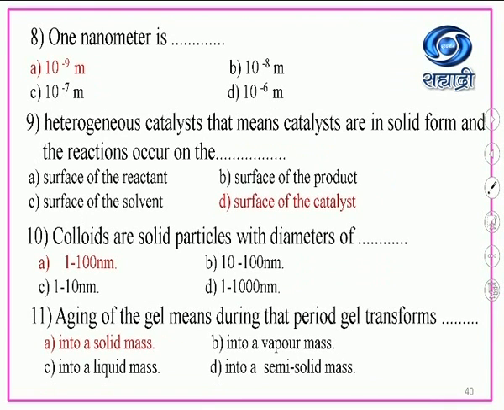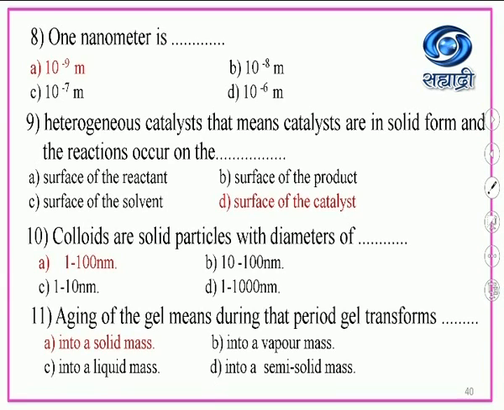1 nanometer is 10 raised to minus 9 meter, 10 raised to minus 8 meter, 10 raised to minus 7 meter, 10 raised to minus 6 meter. Okay. So the correct answer is 10 raised to minus 9 meter. Heterogeneous catalyst means catalysts are in solid form and the reactions occur on the, 4 answers are here, surface of the reactant, surface of the product, surface of the solvent, surface of the catalyst.